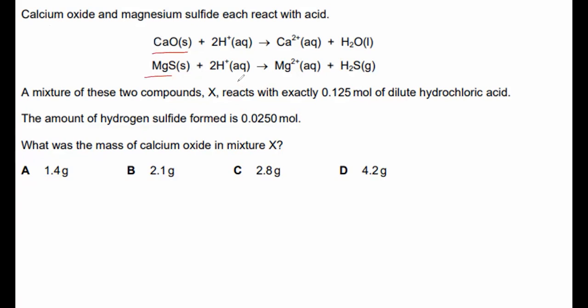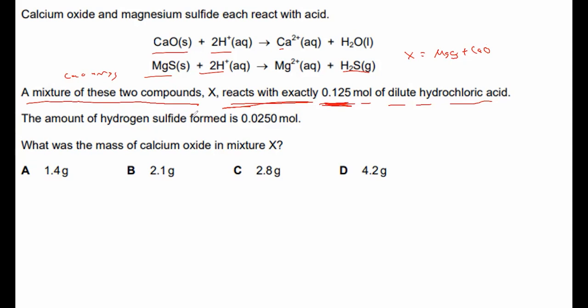Okay, these are reacting with acids to produce H2S. A mixture of these two compounds, a mixture of CaO and MgS, reacts exactly with 0.125 mole of dilute HCl.